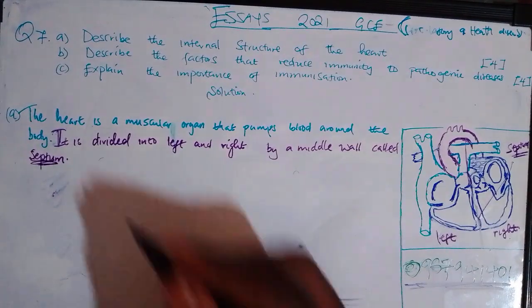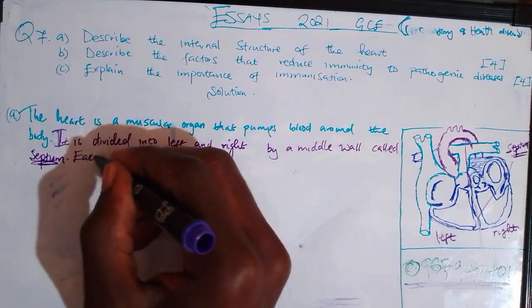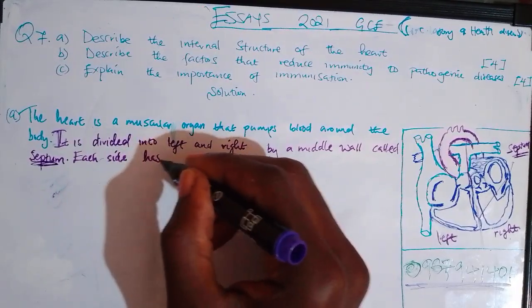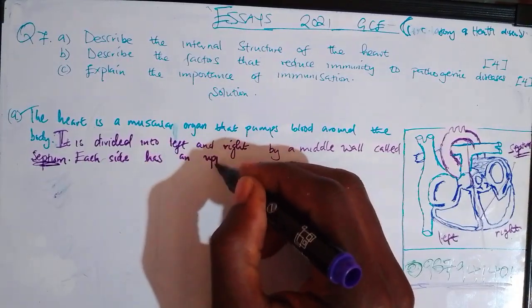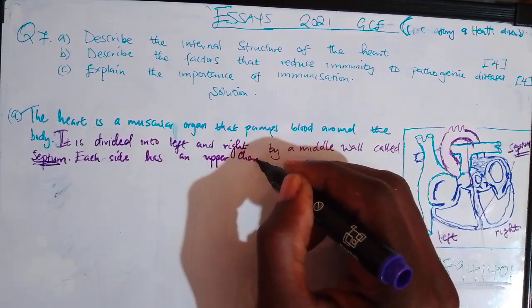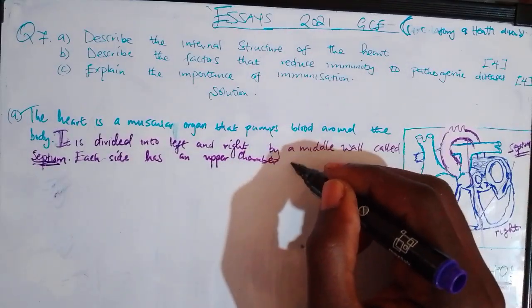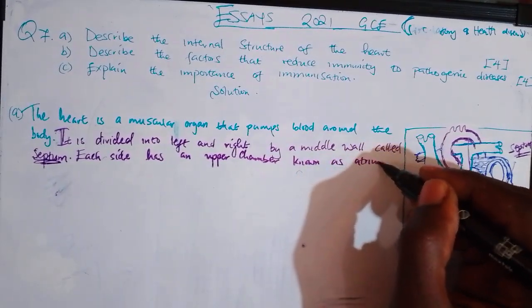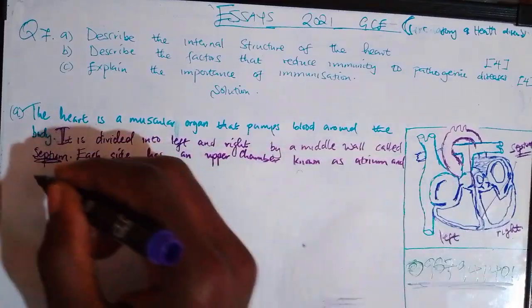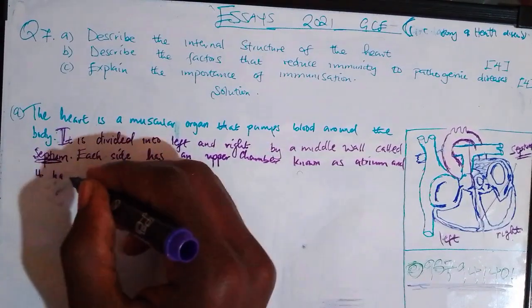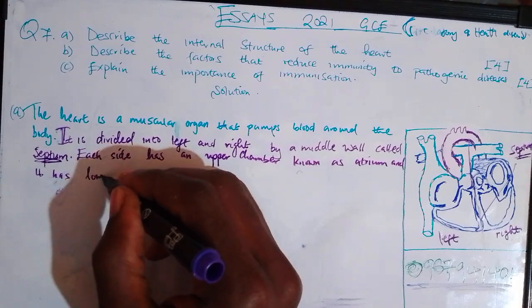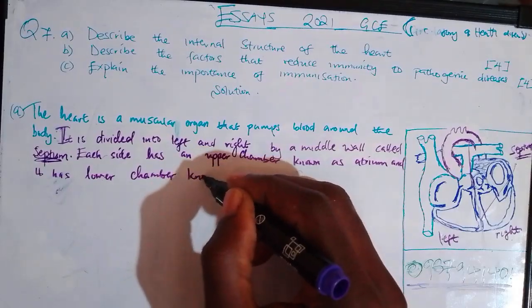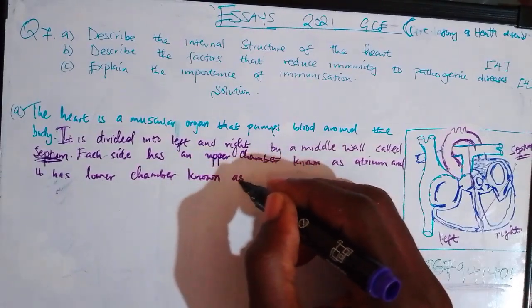Now you can say each side has an upper chamber known as the atrium, and it has a lower chamber known as the ventricle.